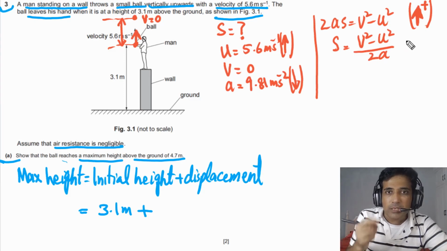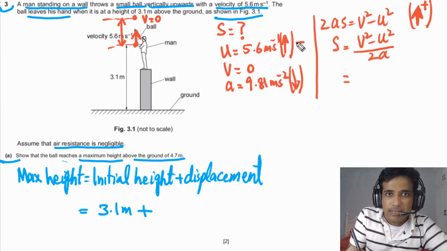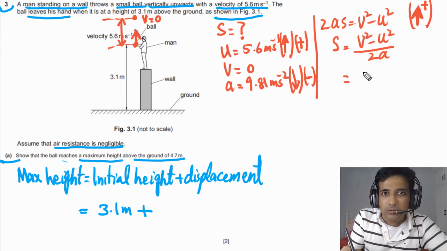So if we take up as positive, it means that initial velocity is positive but acceleration is negative, because it is in the opposite direction. Now simply we need to plug in values. So this is 0 squared minus u, which is 5.6, squared, divided by 2 times negative 9.81.